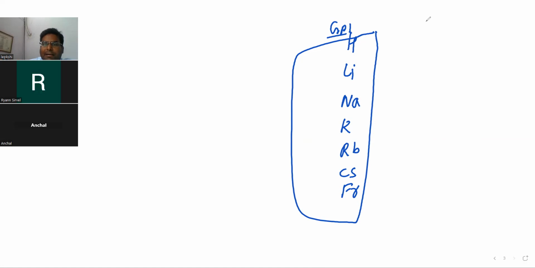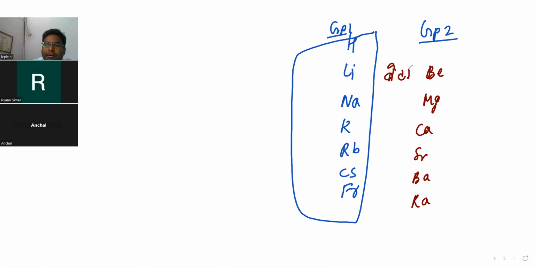So next I will take for you is group 2, right? It starts from beryllium, magnesium, calcium, strontium, barium, radium. So how to remember it? Beta, mange, car, a scooter, Bap Raji.